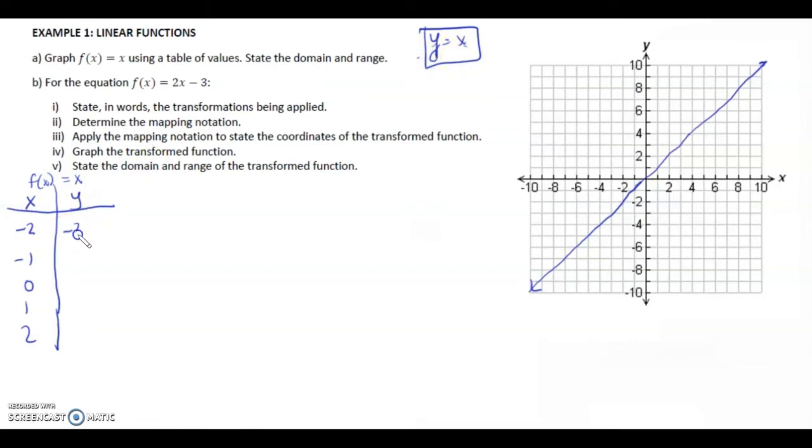So -2, -1, 0, 1, 2. Okay, and this is how the graph would look. Now the domain and the range for this one, for any line, it's always x-er and then y-er. It's going to extend into the x direction and the y direction infinitely.